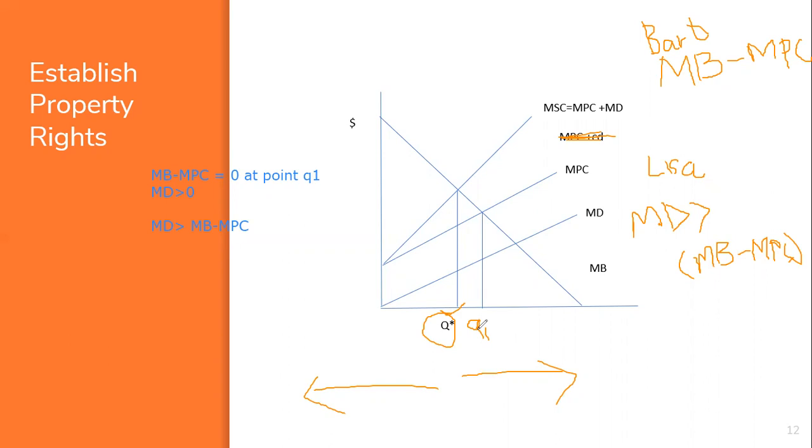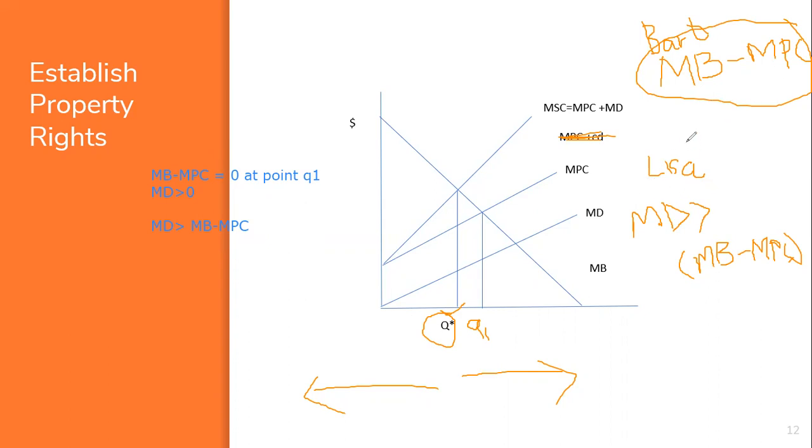Bart finds it worthwhile to pay for the privilege of producing as long as the amount is less than the value of marginal benefit minus marginal private cost for the unit of output. Reasoning similar to the foregoing suggests that they have every incentive to reach an agreement whereby Lisa sells Bart the right to produce Q star.